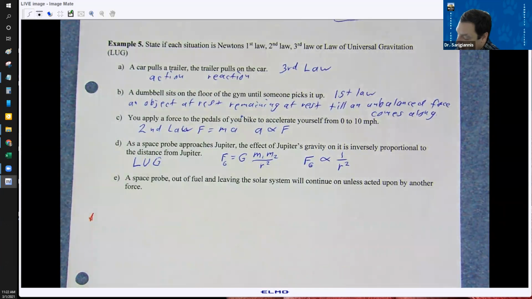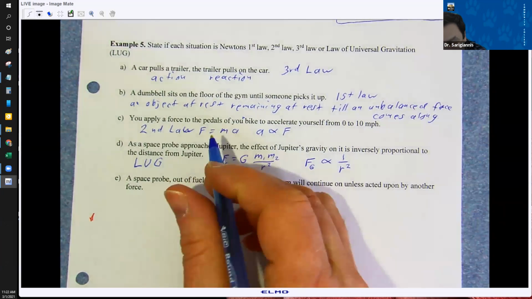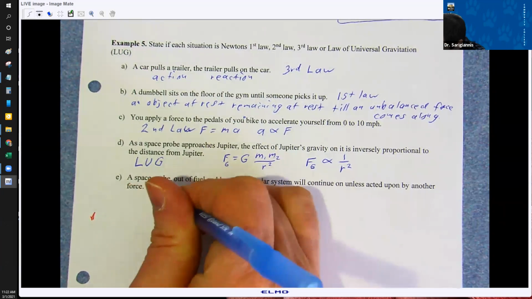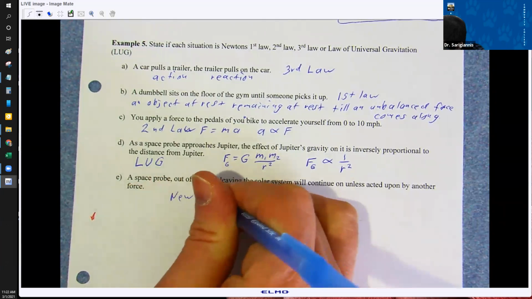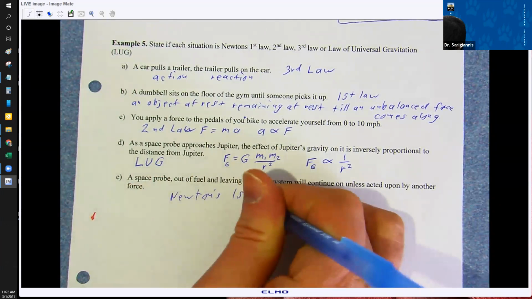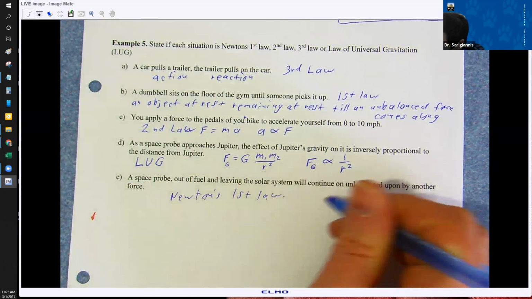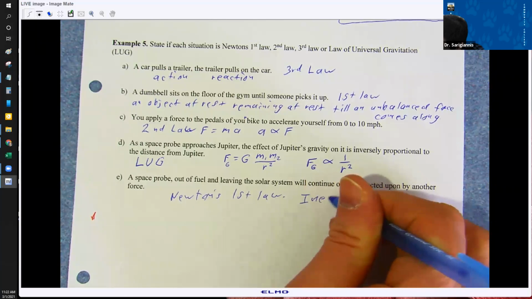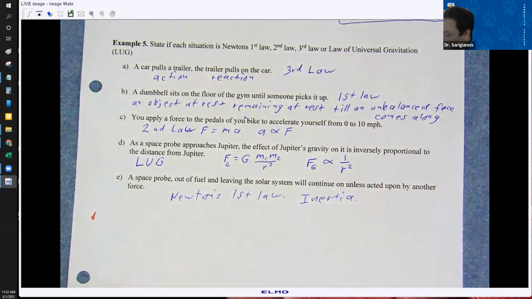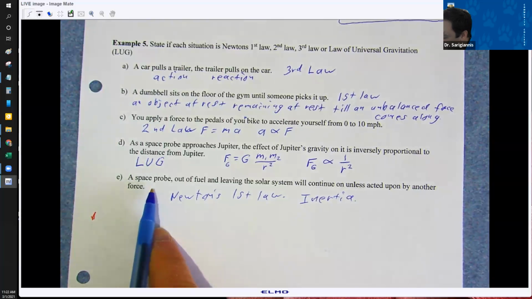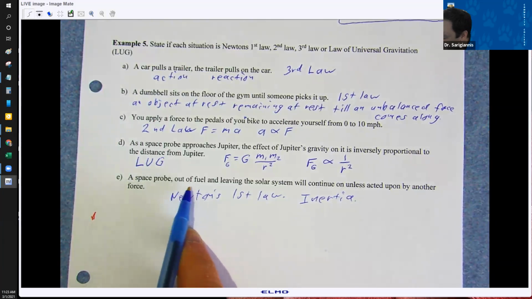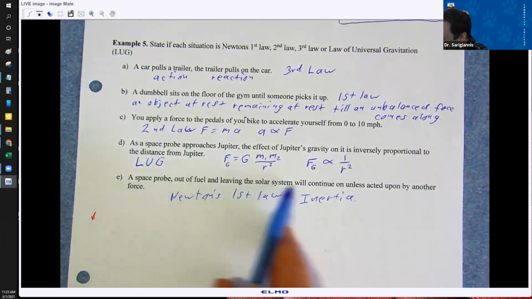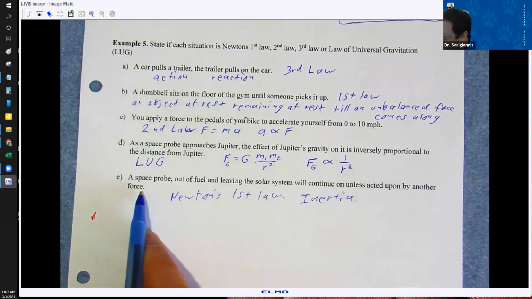This is first law. Yeah, so most people got that as well. So Newton's first law. Inertia, right? Space probe in straight line motion remains in straight line motion unless acted upon by another force, right?